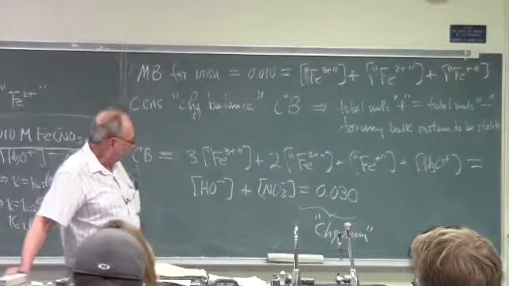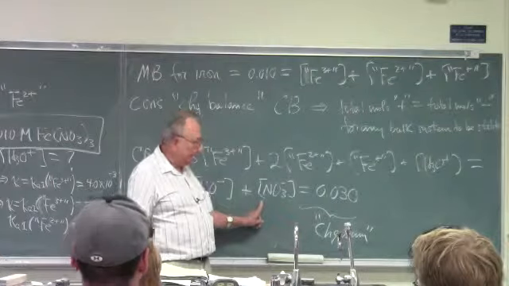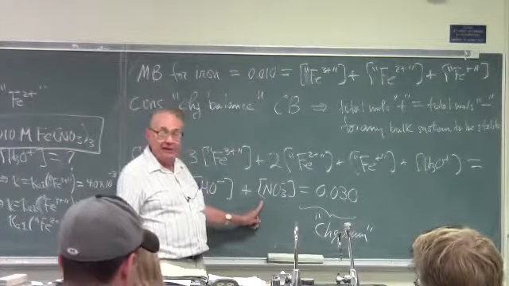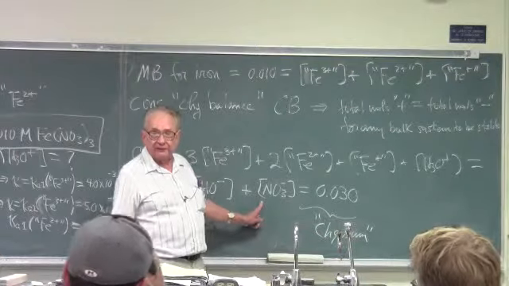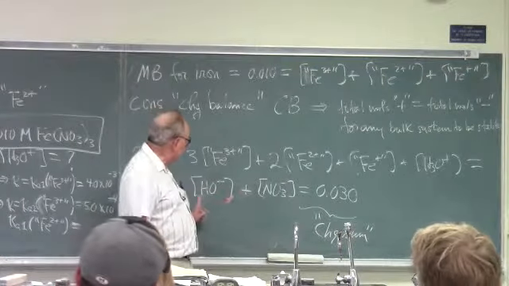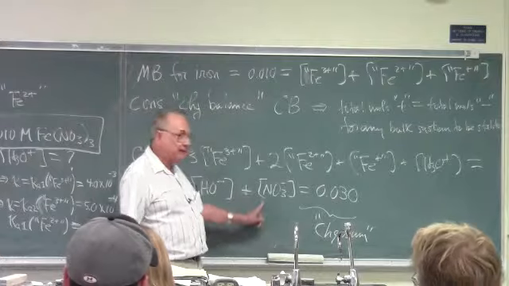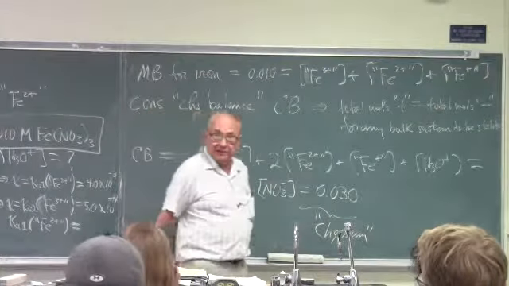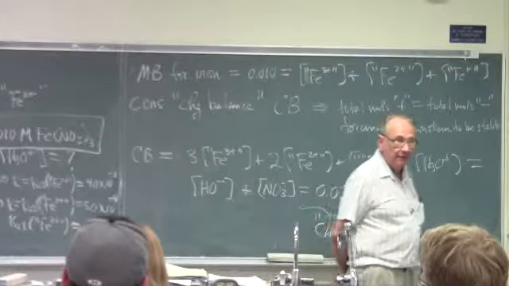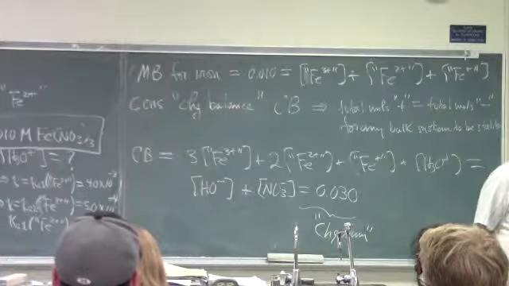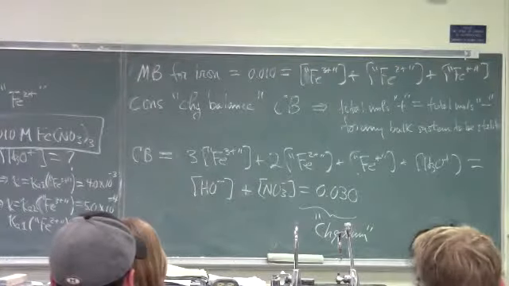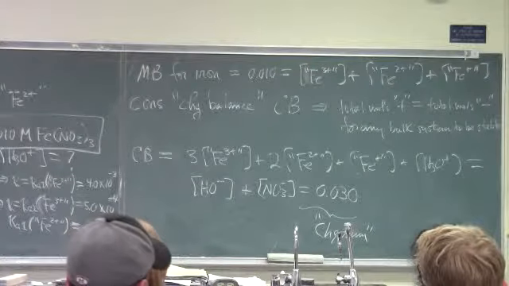Which tells me the charge sum for this solution is 0.030 because that is the molarity of nitrate ion in this solution. Is it fair to state also that the sum of hydroxide ion molarity added to nitrate ion molarity is this number? Why is that fair? Because we know that it's an acidic solution, then the concentration of hydroxide is going to be incredibly small.